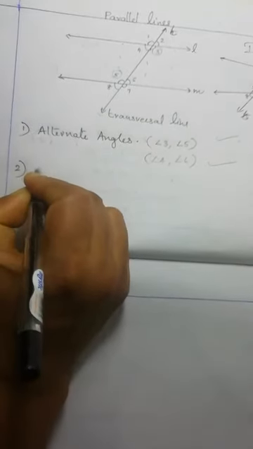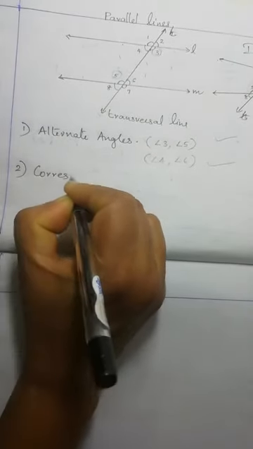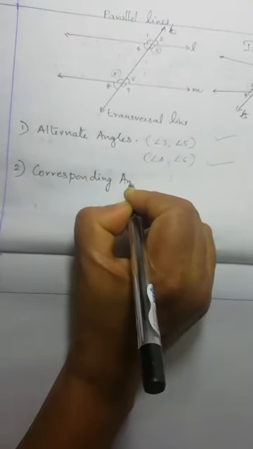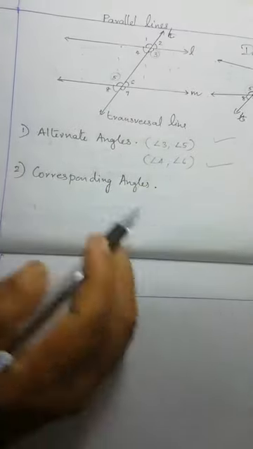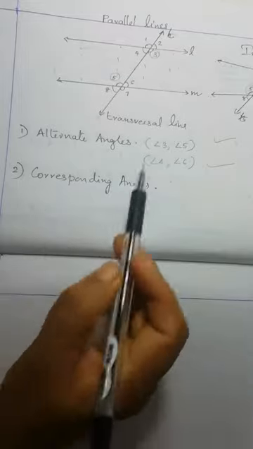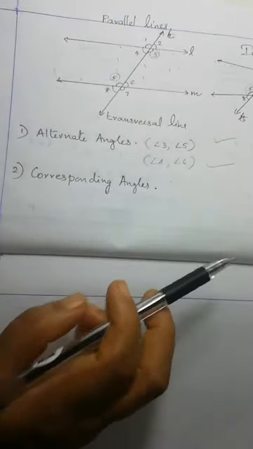Second one is corresponding angles. What are corresponding angles? Alternate angles are inside the two lines and on opposite sides of the transversal. Those pairs are alternate angles.